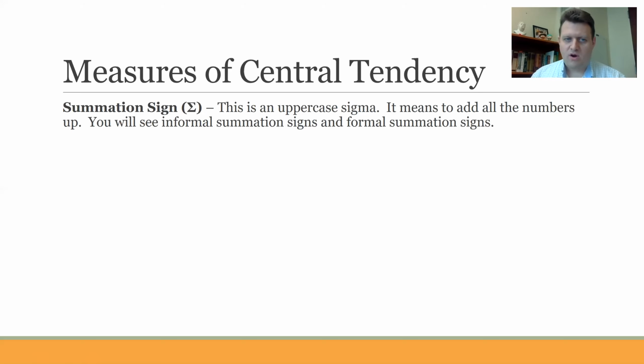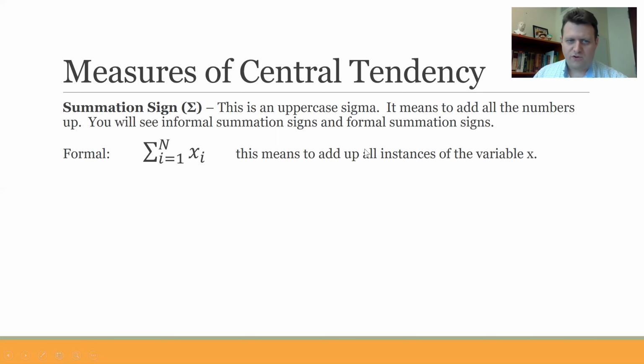All right. There are two ways that you might see this summation sign. There is an informal summation sign and a formal summation sign. So first, let's look at the formal version of this, go through all the parts, what they mean, and then we will go to the one that you probably see more frequently, the informal version of the summation sign.